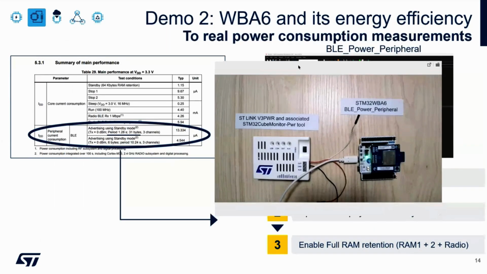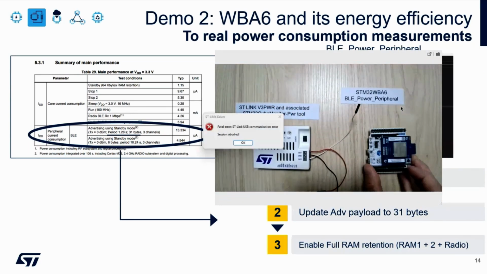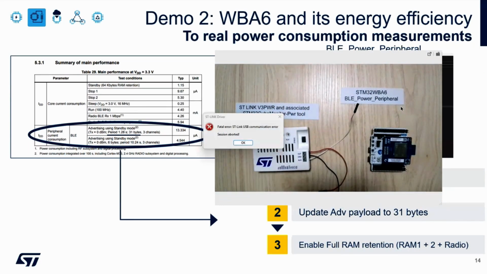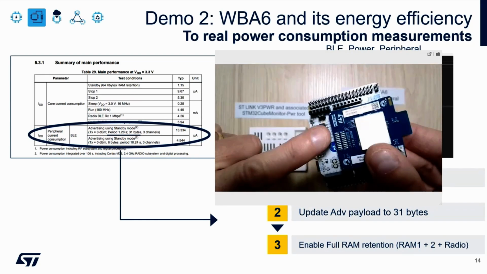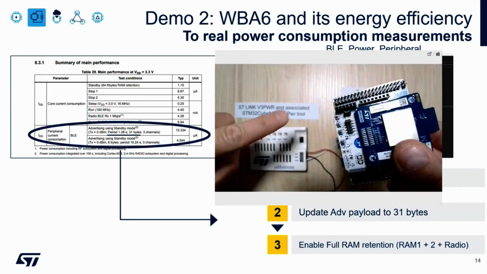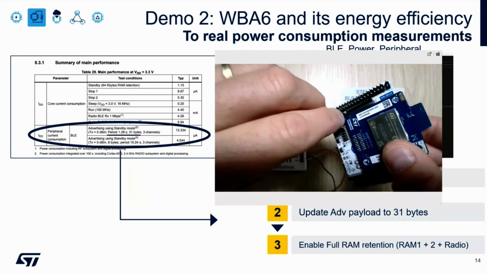So inside I now have the power peripheral, and I will have to interface through the ST-Link. You will find inside the wiki page how to plug the ST-Link V3 power to the board. You will have to remove this jumper.